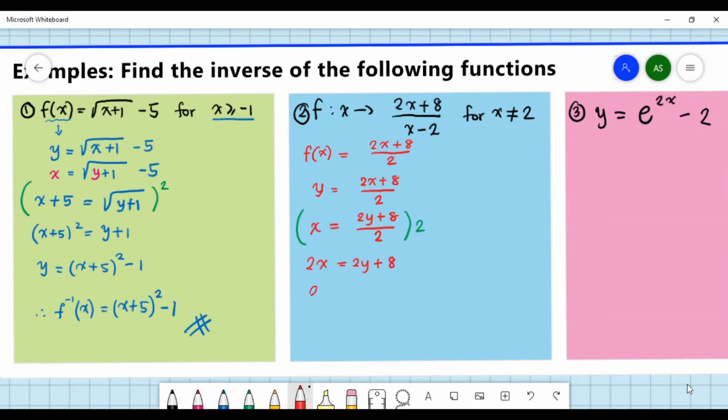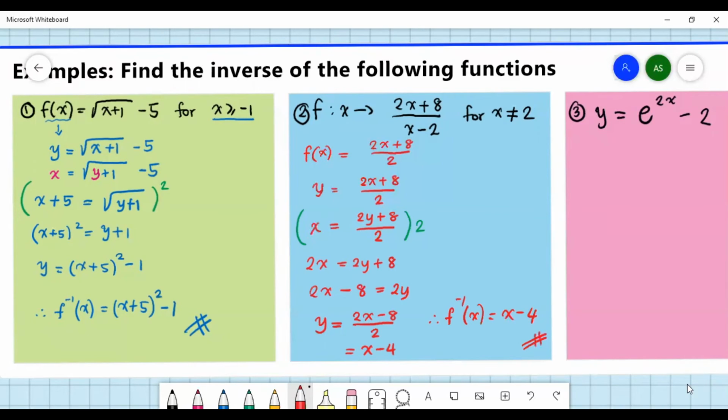Next thing is we get rid of 8, so we transfer it to the left side. That will give us 2y, and we divide everything by 2. So your y is 2x minus 8 all over 2, or in other words, x minus 4. So therefore, your f inverse of x is x minus 4.